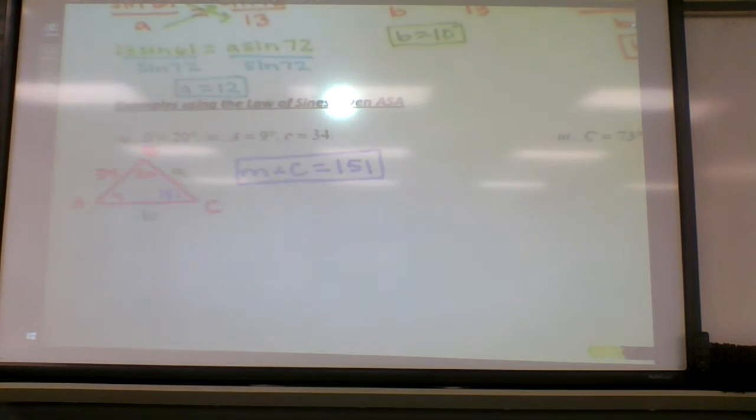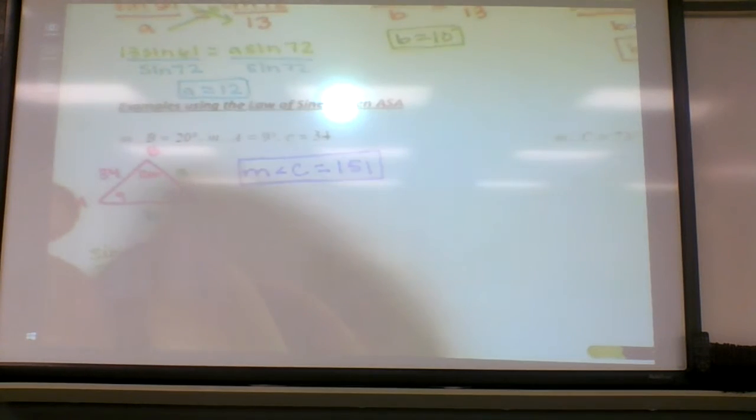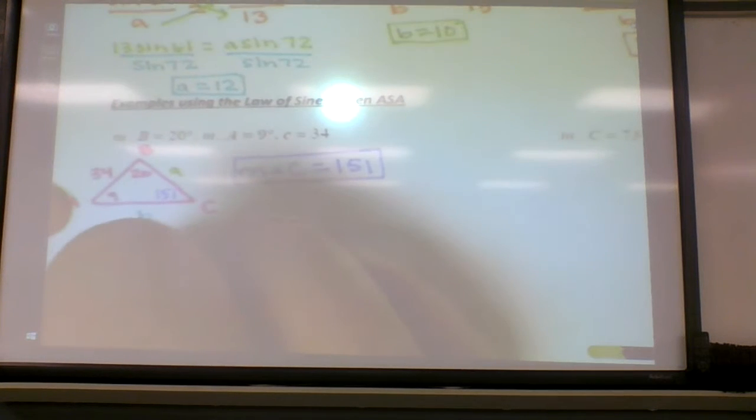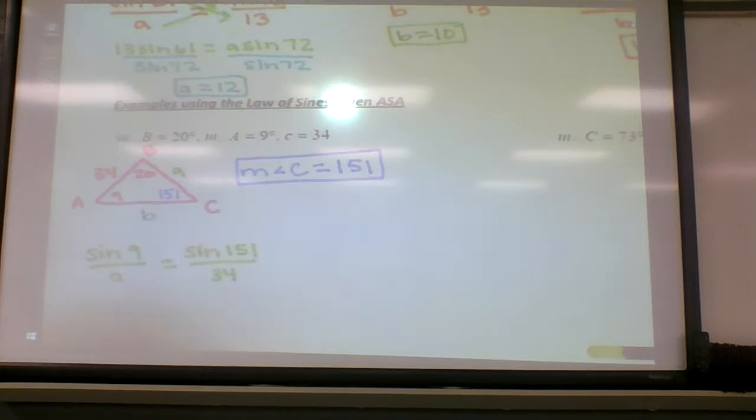Which one would you like to do first? A? All right, so for A, it'll be the sine of angle A, which is just 9, sine of 9, over little a equals, and then you have to use the pair that you have, so sine of 151 over 34. And so this solves just like the other ones, right? Cross multiply?